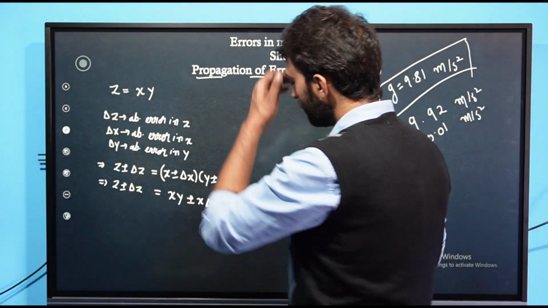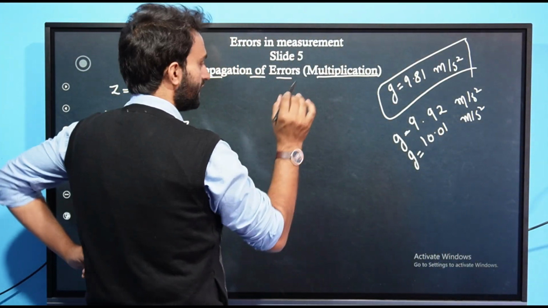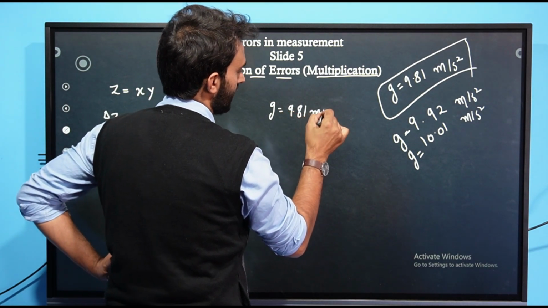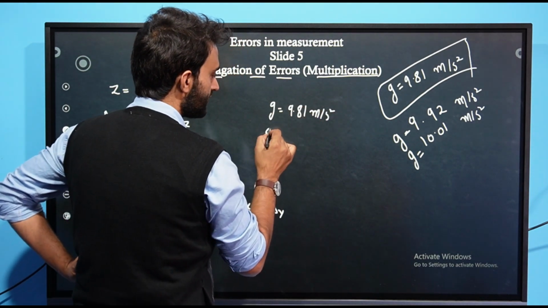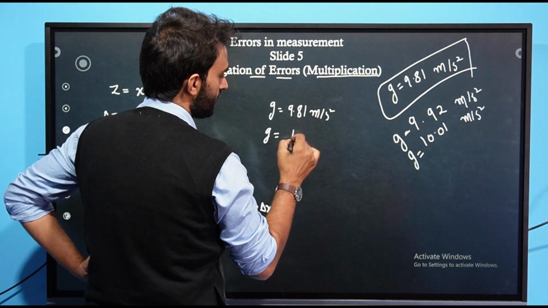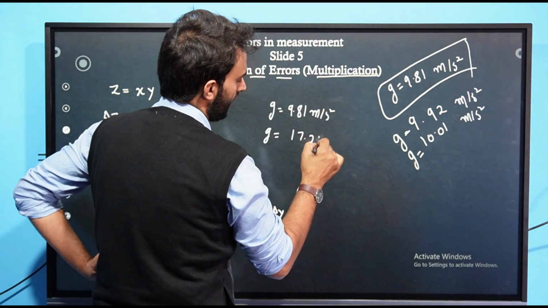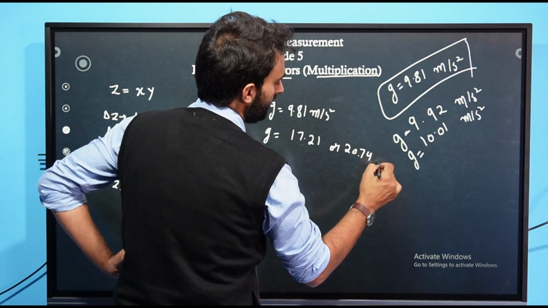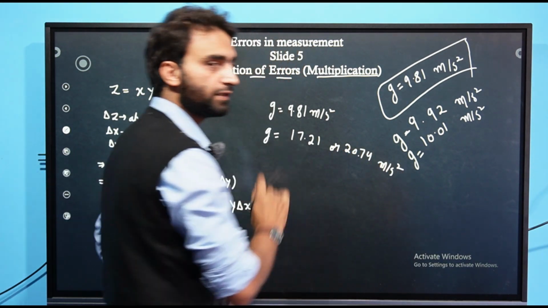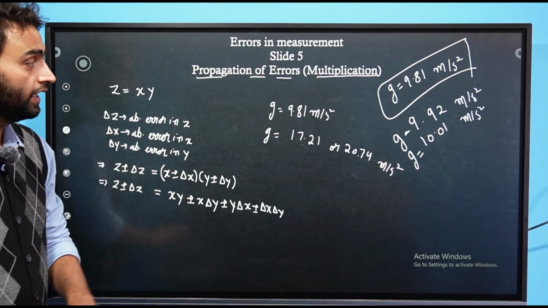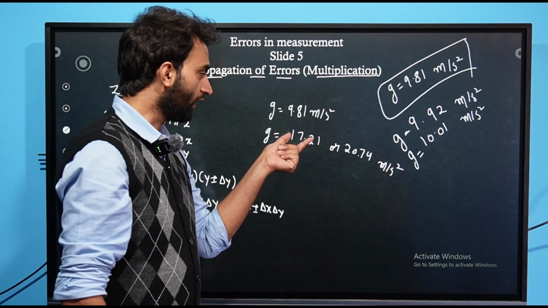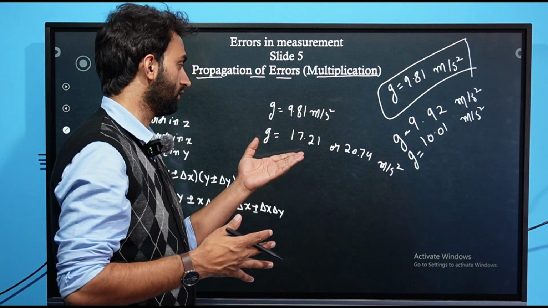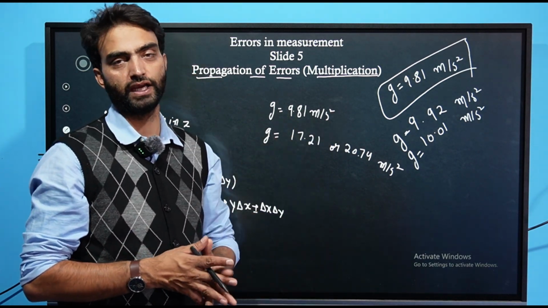Okay. Now the value of g is 9.81 meter per second square, fine. So what if somebody gets a value of, let us suppose, 17.21 or 20.74 meter per second square? Will that be acceptable? No, it won't be. Why? Because in this case, the value of error is almost double that of the actual value.